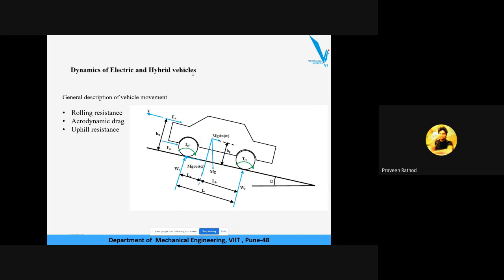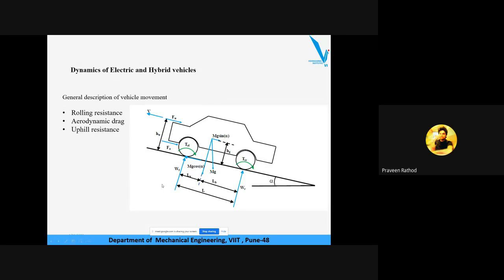The second force acting over here is the aerodynamic force, which is acting at the front of the vehicle, at the height of HW, when the vehicle is moving in the upward direction. There are two reaction forces, WF and WR, which are acting in the upward direction.